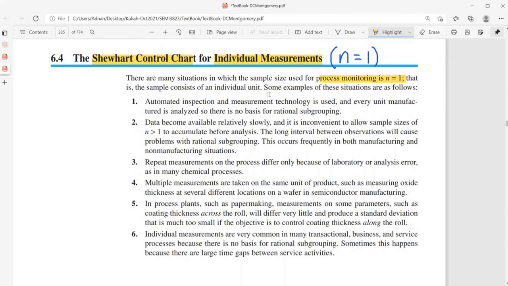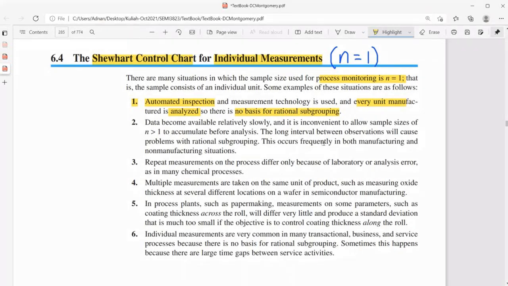For example, during automated inspection, every unit in manufacturing is being measured and analyzed. There is no basis for rational subgrouping, because you are doing, for example, 100% inspection.